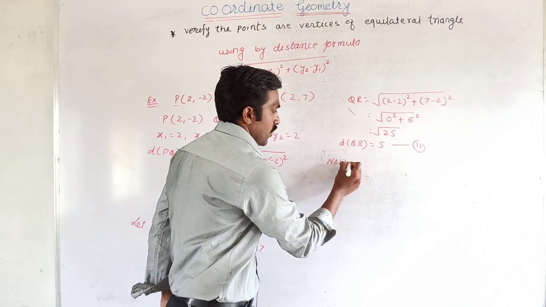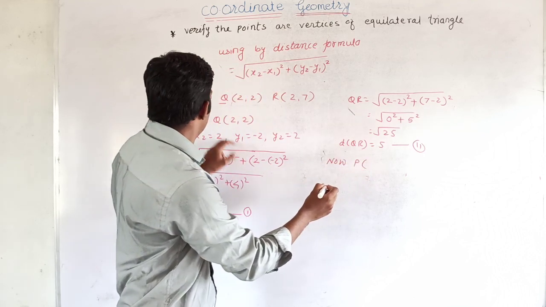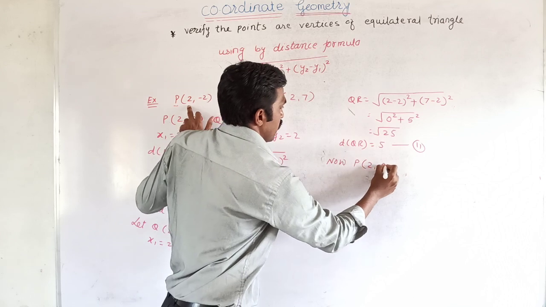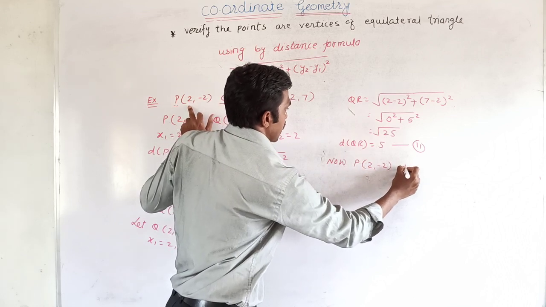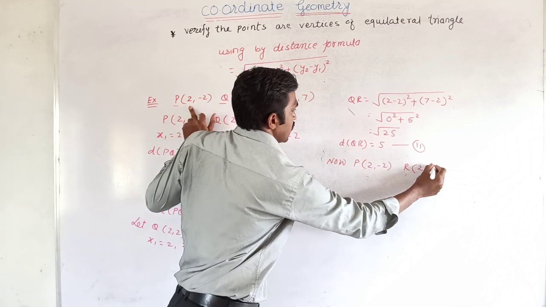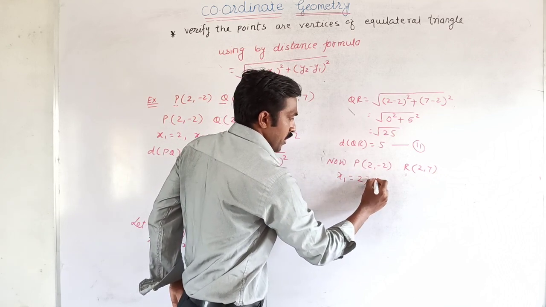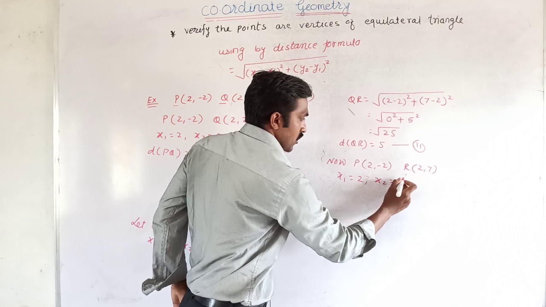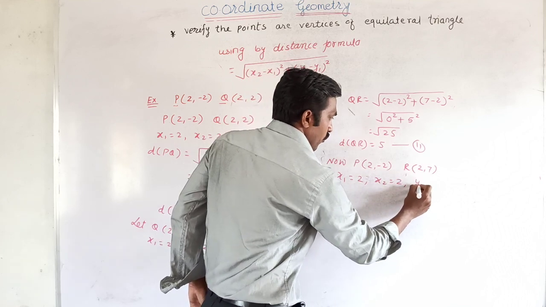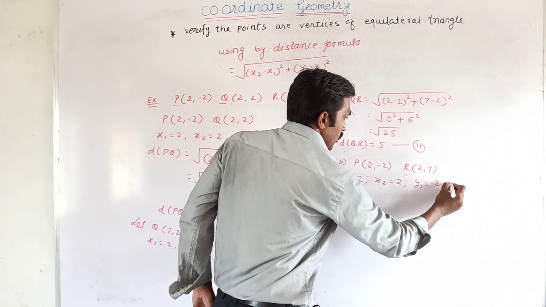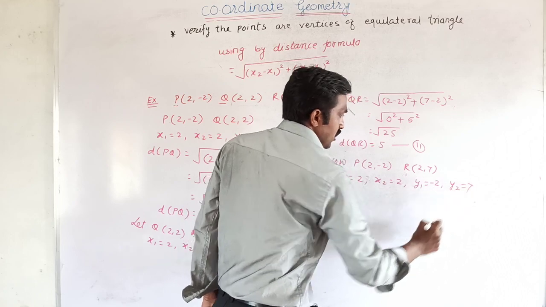Equation number 2. Now calculate the distance between PR. Points P (2, -2) and R (2, 7). Now x1 is equal to 2, x2 is equal to 2, y1 is equal to -2 and y2 is equal to 7.